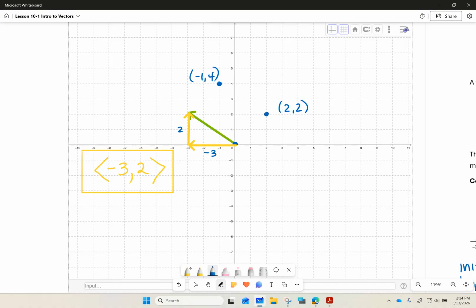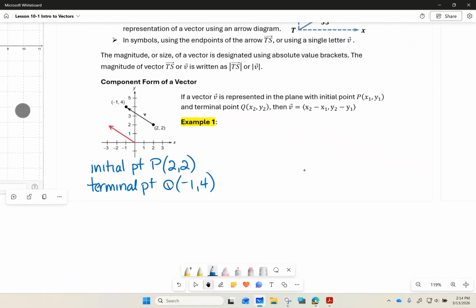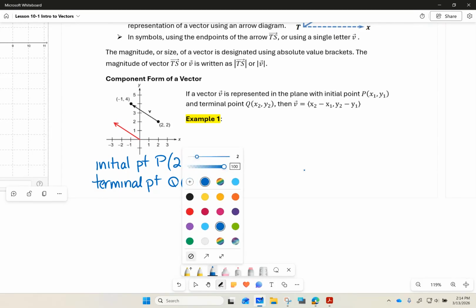So that's the answer. But how do we do this if we can't always just drag our arrows on our paper, right? How do we do this algebraically? Again, there's a formula for you to be able to do this. So remember this answer, and let me show you the formula. In order to find the components of your vectors given 2 points, all you have to do is do some subtraction. All right?